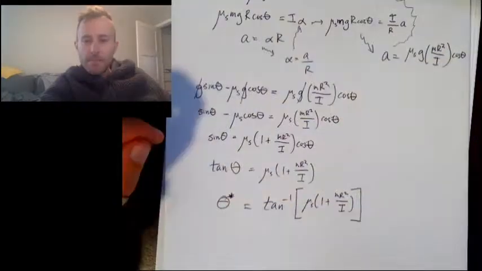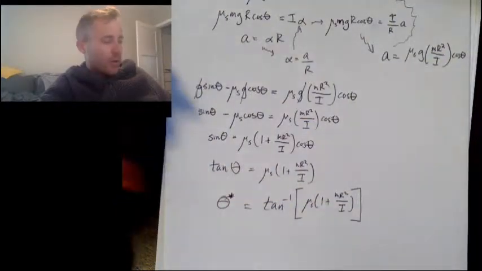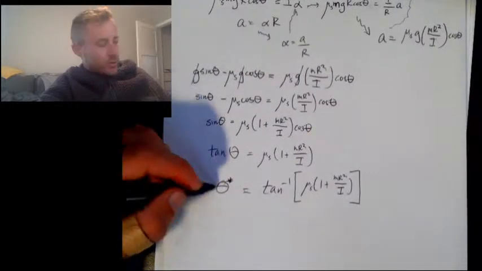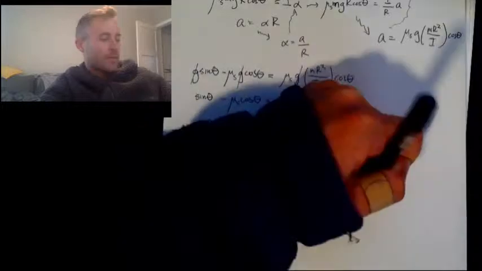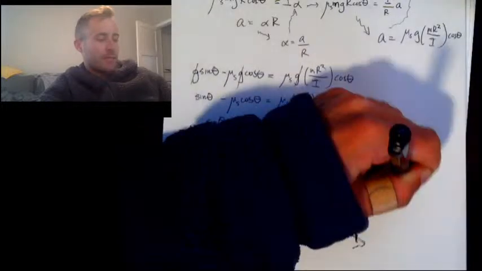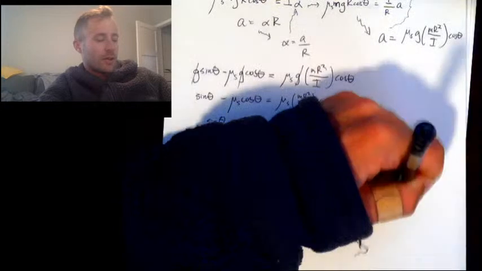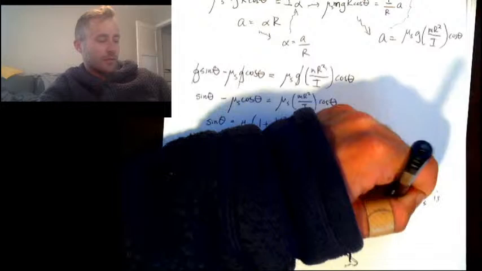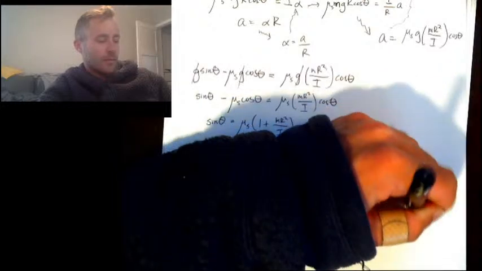Okay? So what does this mean? We just solved for the angle. This is the angle at which static friction is maxed out. Okay?